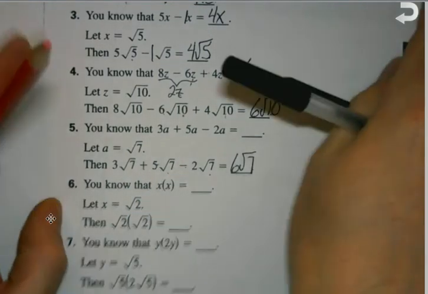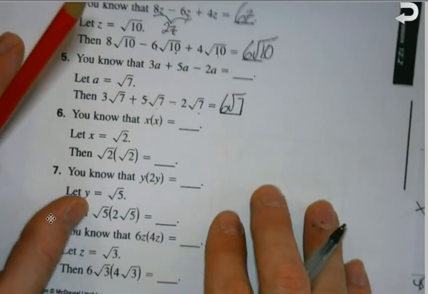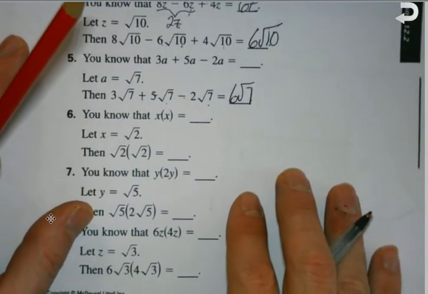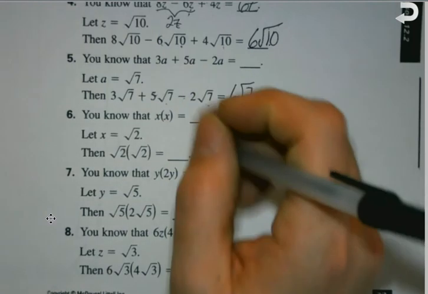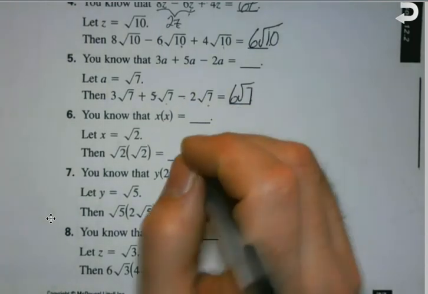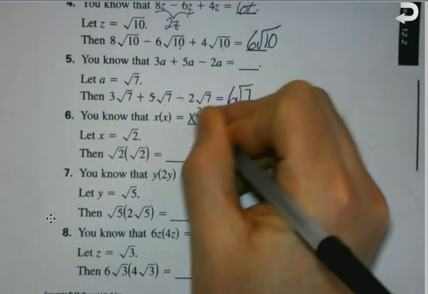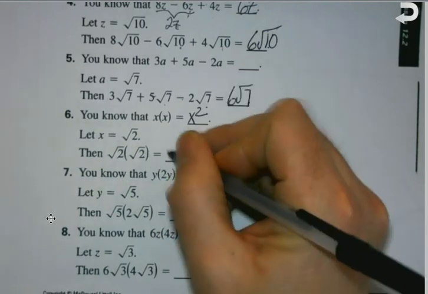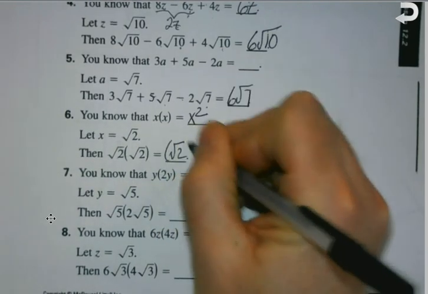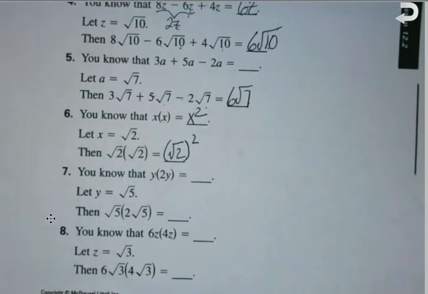One last little twist, and then we'll get to what we're actually going to jump into these with. I'm going to be brave here. I'm going to ask for assistance on this one. What's x times x? X squared. So the square root of 2 times the square root of 2. Now watch this. Is the square root of 2 squared?